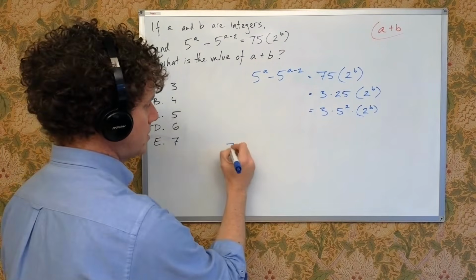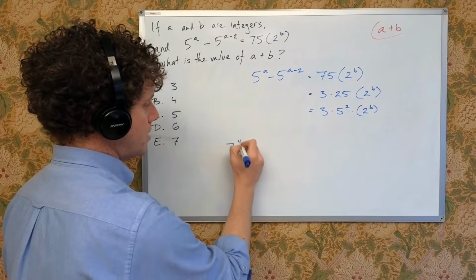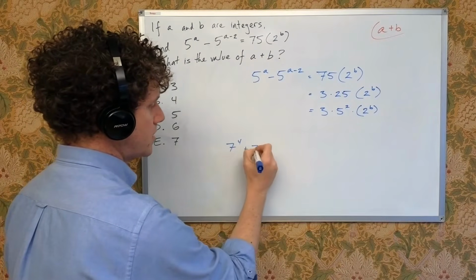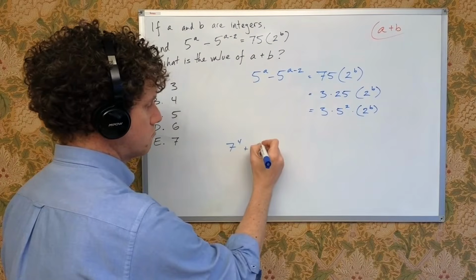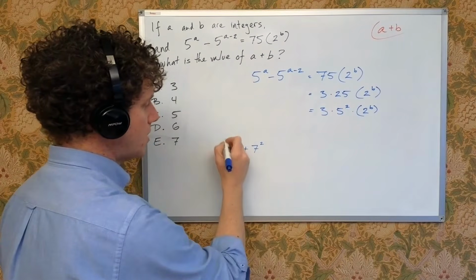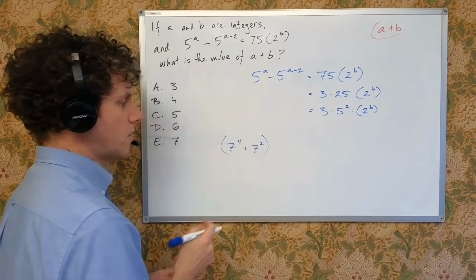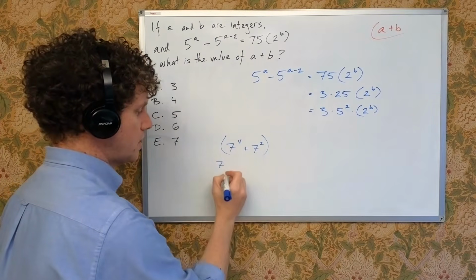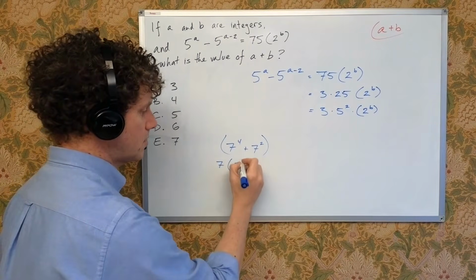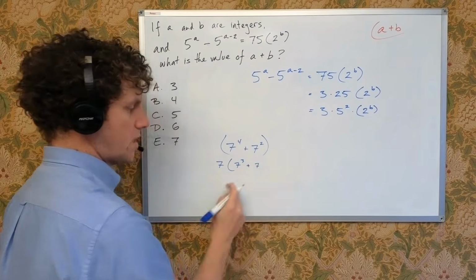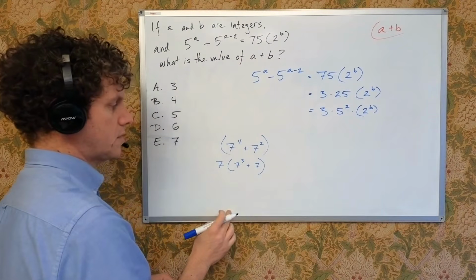If we've got 7 to the 4th plus 7 squared, we can think like so. We can pull out a 7 from each one of them, but that still leaves common terms behind.